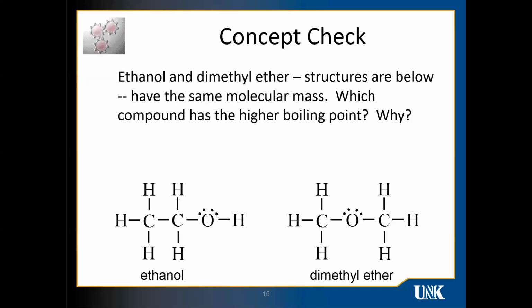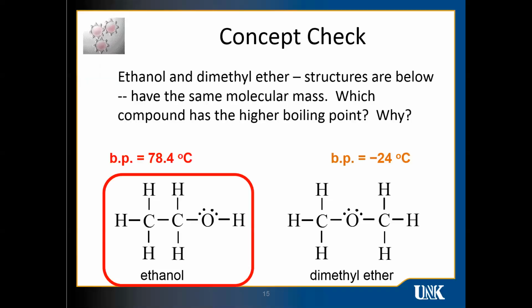That's something different. The dimethyl ether molecule does not have that OH bond. As a result, ethanol molecules can hydrogen bond with each other, whereas dimethyl ether cannot. And so ethanol has a much higher boiling point, 78.4 degrees, than dimethyl ether, which boils at minus 24.